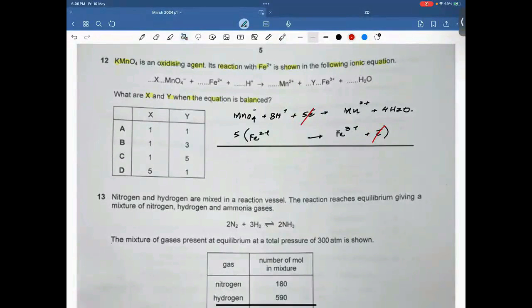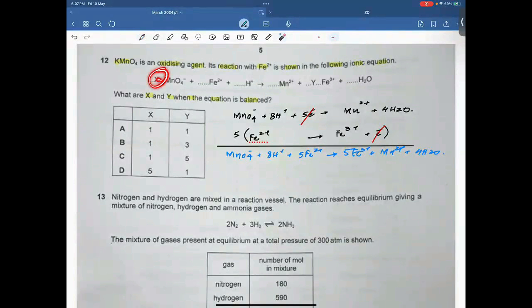So the final equation is going to be like this: MnO4 negative plus 8H positive plus 5 Fe2 plus arrow 5 Fe3 plus, Mn2 plus, 4 H2O.